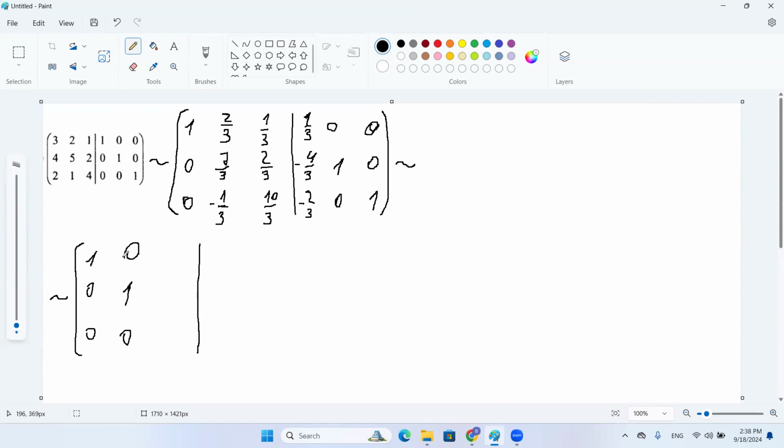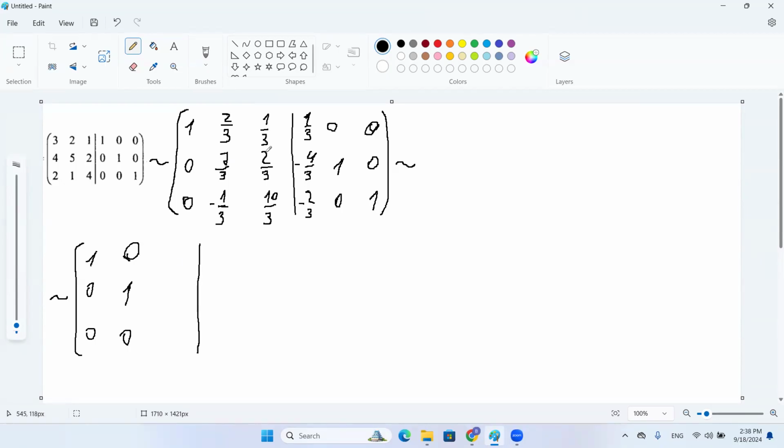So here we divide this row by 7 thirds. And what we actually have here is 1, of course.